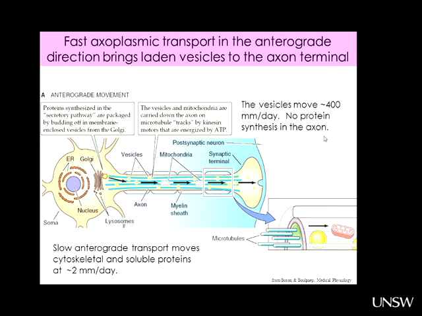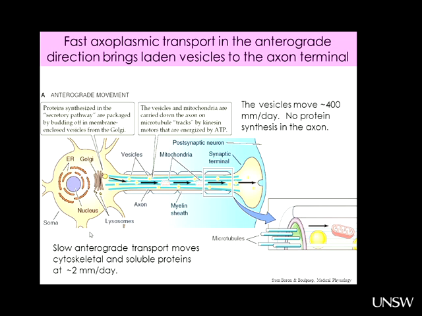That's pretty fast if you're a protein. It's pretty slow if you're trying to go between Sydney and Parramatta or something. But 400 millimetres a day means that it can get almost from my spinal cord out to my fingers in a day or two. A couple of days, you'll be able to transport something out there.